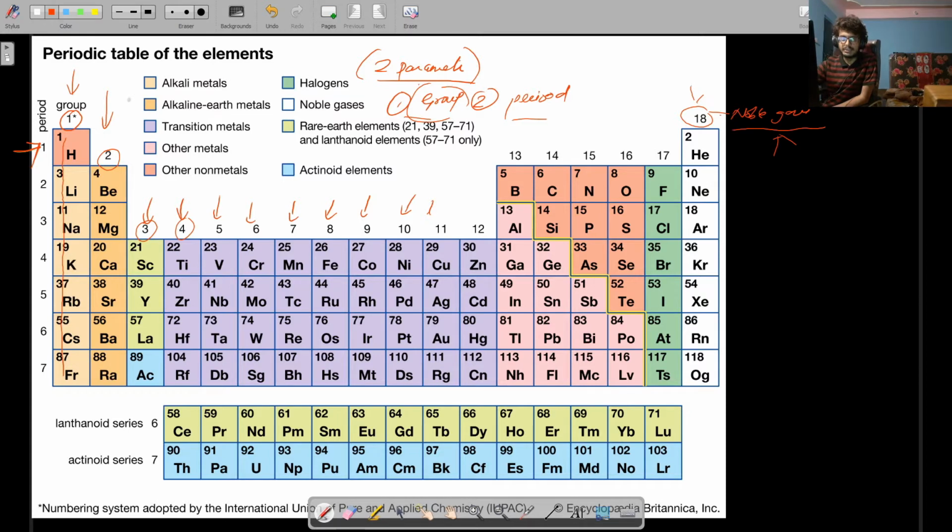Now, the other way of denoting the group is to give a Roman numeral sign: 1A, 2A, then we have 3A, 4A, 5A, 6A, 7A, and 8A.